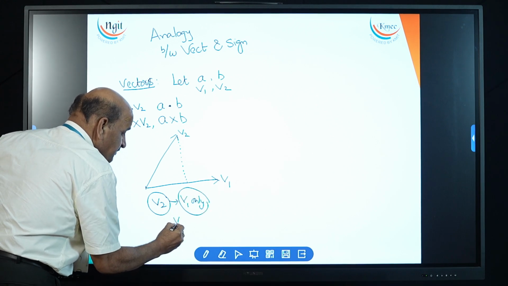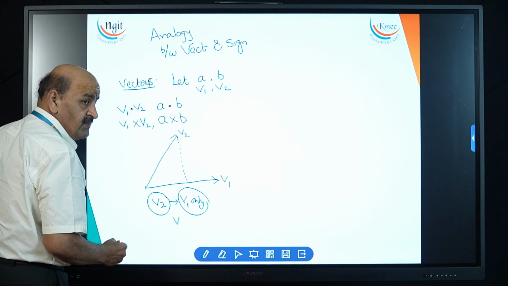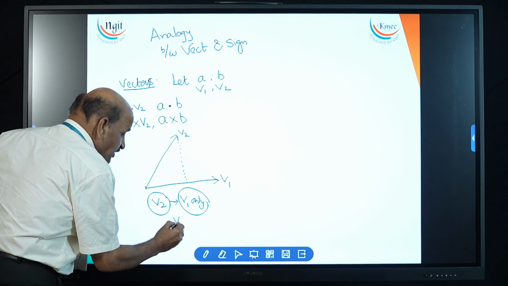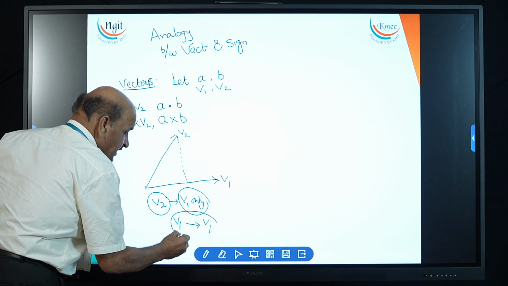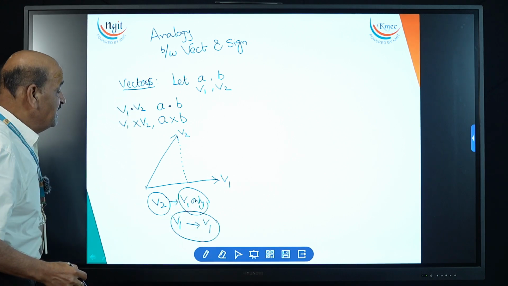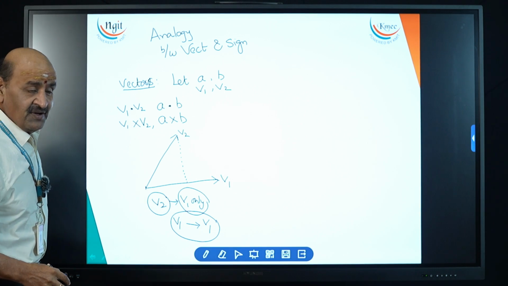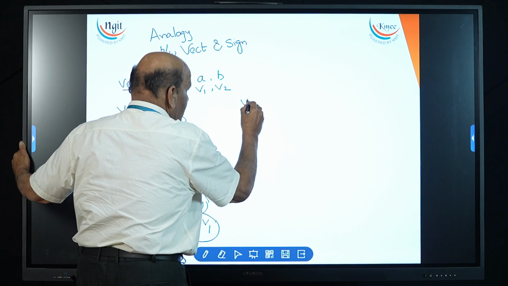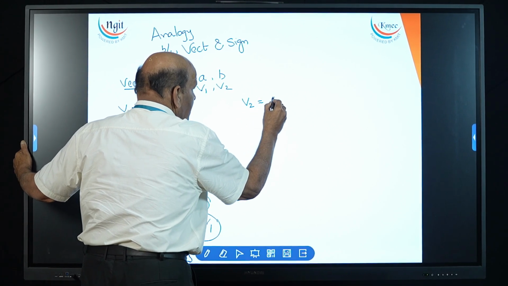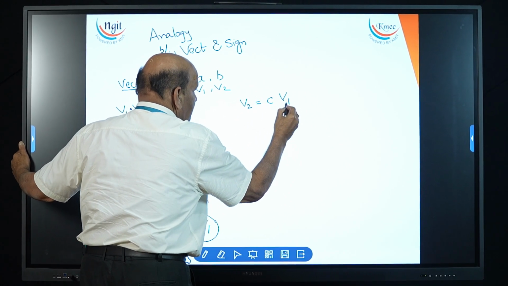Therefore, how to represent this? Similarly, the value of V1 will be in terms of V1, but V2 will also be in terms of V1. Now just look. V2 is equal to some constant into V1.